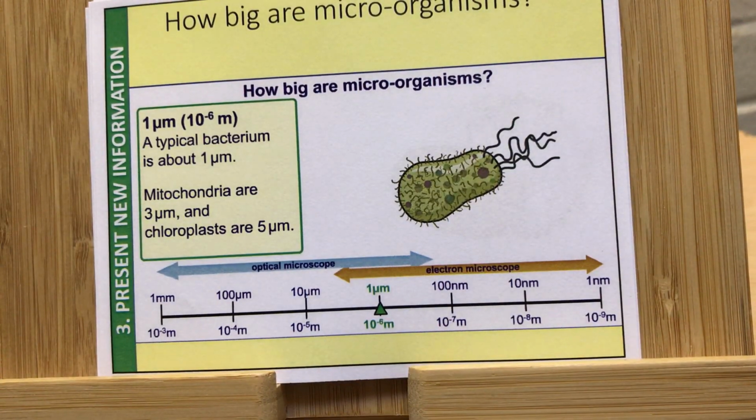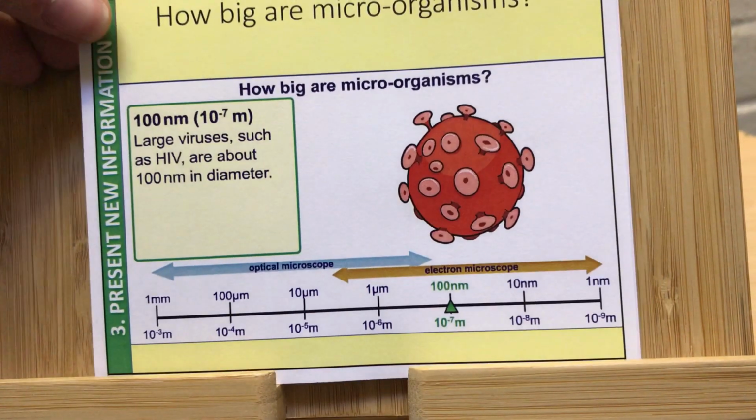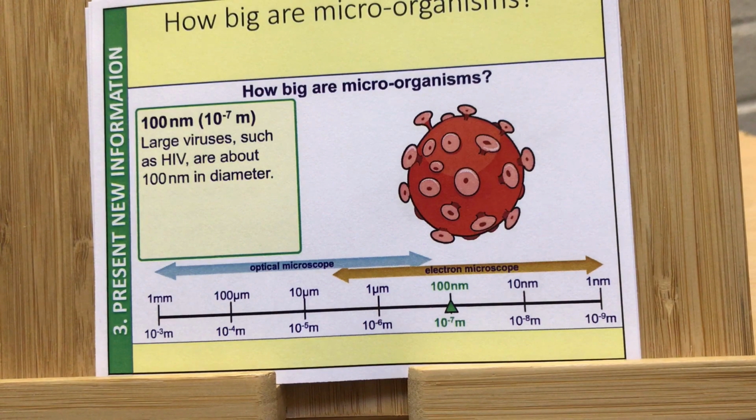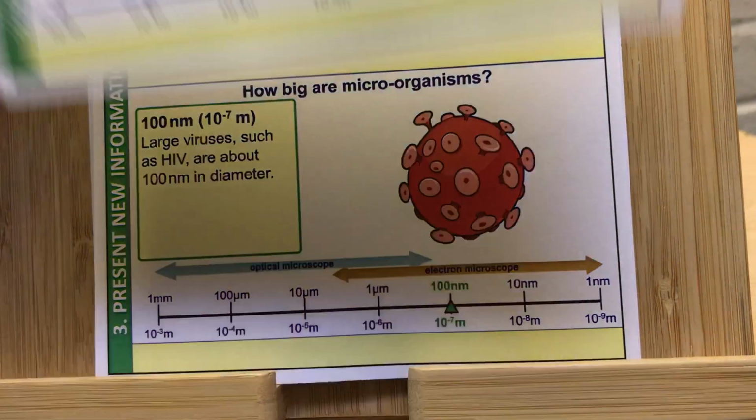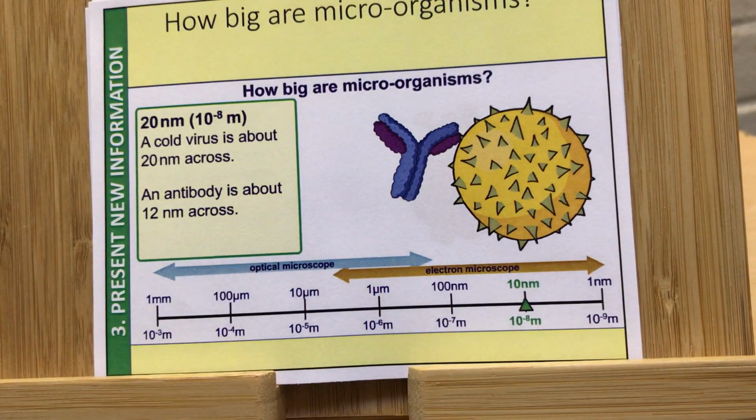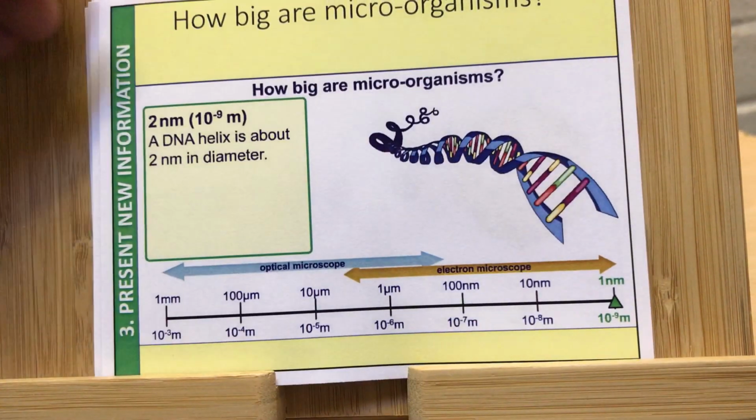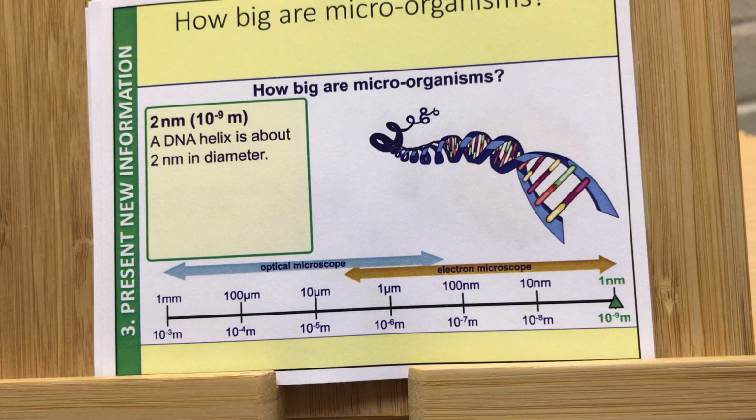And we can actually see that mitochondria and chloroplasts are bigger than bacteria. So we don't actually get mitochondria inside bacteria. And we've got our large viruses such as HIV. Even smaller than that is our smaller virus, the cold virus. DNA is even smaller again. Okay, so we've got that scale of movement getting smaller and smaller.